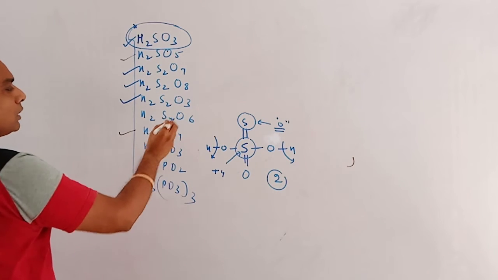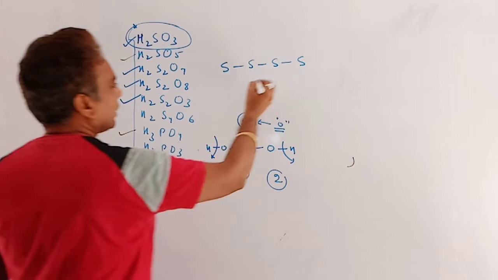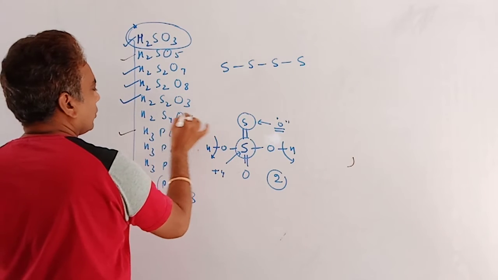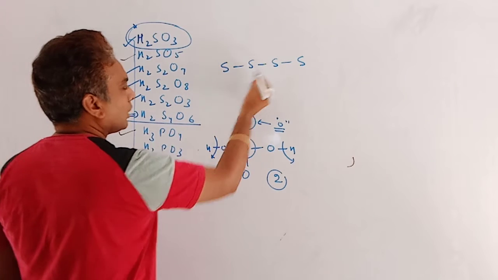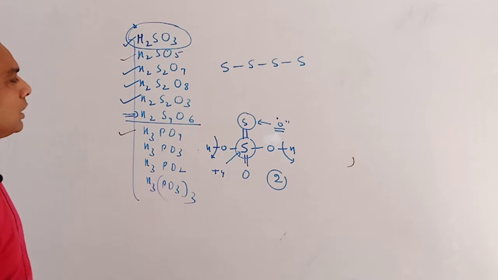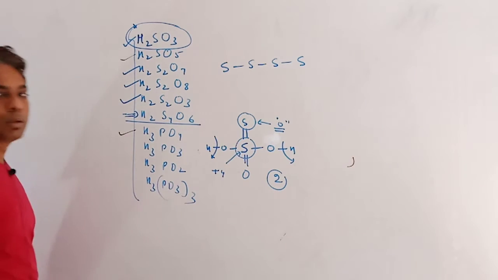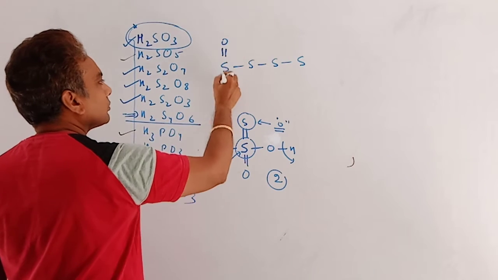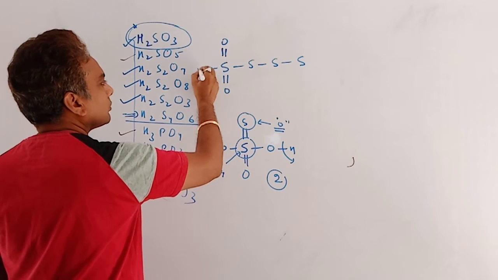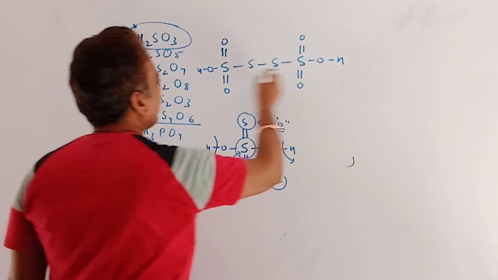The molecule is H2S4O6. Here 4 sulfurs are directly attached. One more point: this is the molecule in which S single bond S bonds are present. Except this, no one contains S single bond S. Simple thioacid contains S double bond S only. This is the arrangement of terminal sulfur.